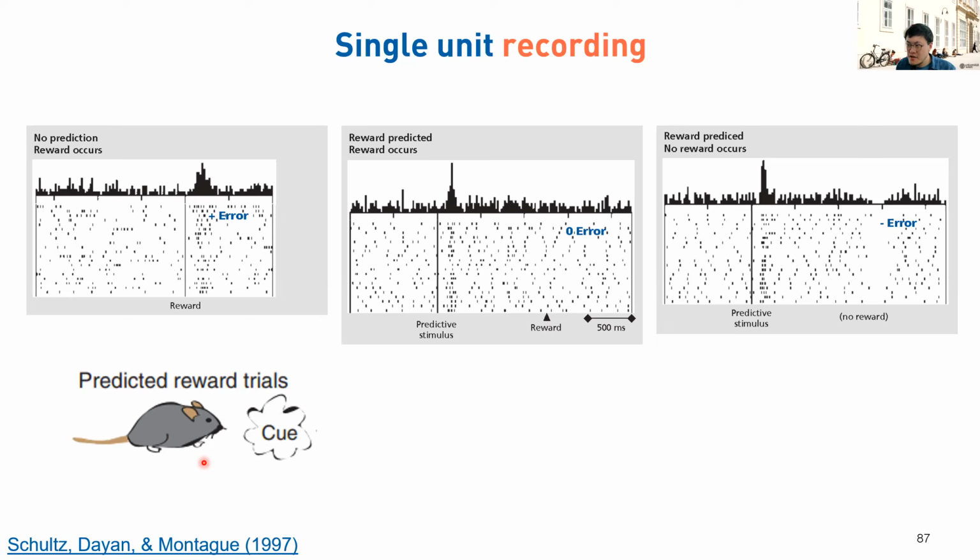Usually food, cheese, and juice is a quite delightful reward for a mouse. So if they see a cue, then the cue is associated with the food. They will learn this association. And then in the next phase, they will only see the cue again, but without being delivered the food reward or the juice.